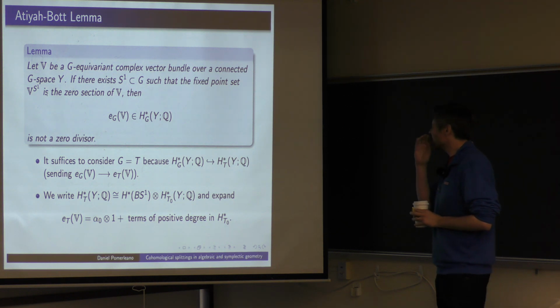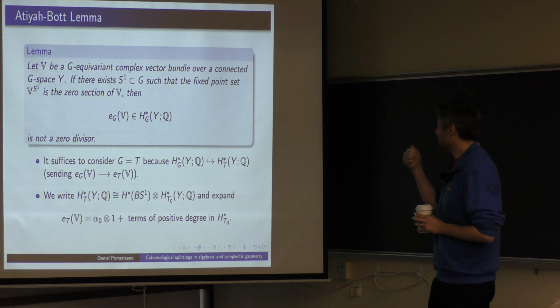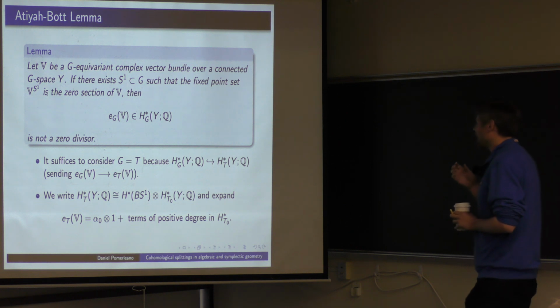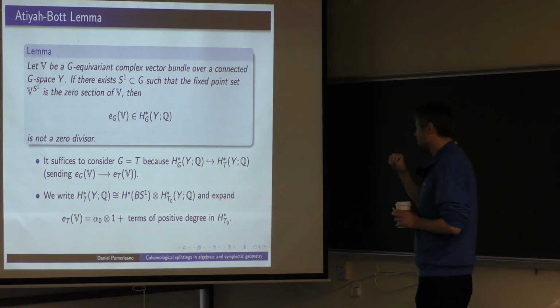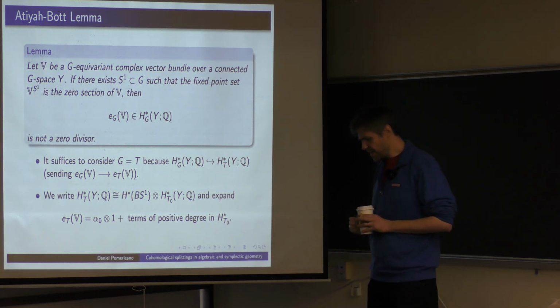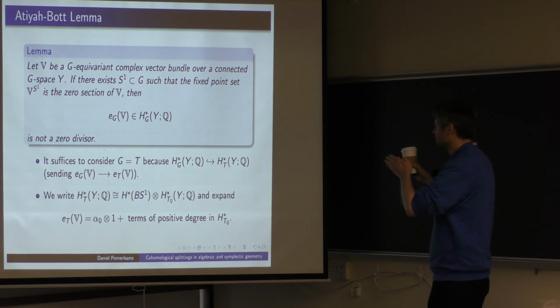So you imagine you have an equivariant complex vector bundle over some space, and you want to assume that there's a circle in there that fixes exactly the zero section.